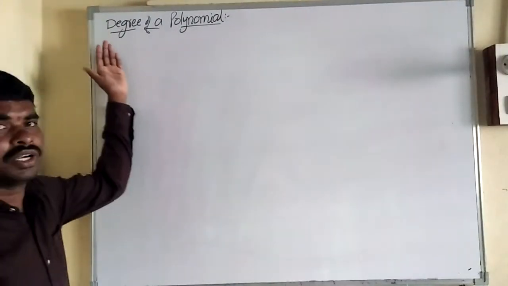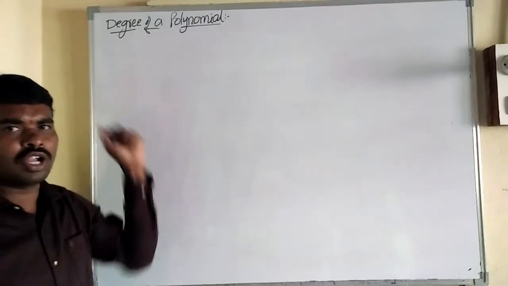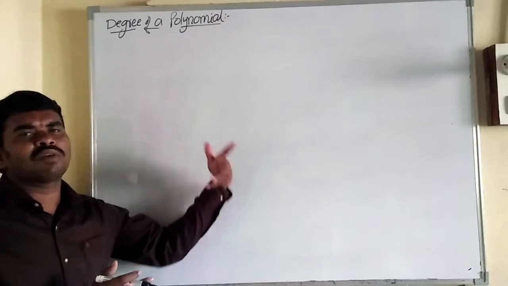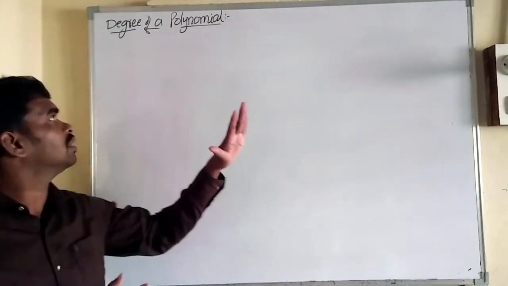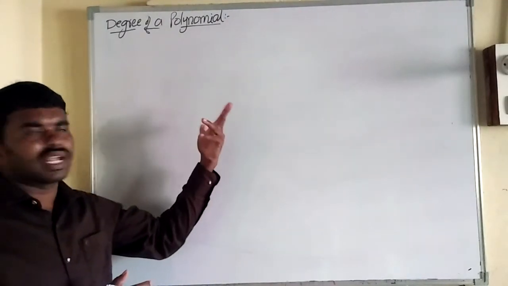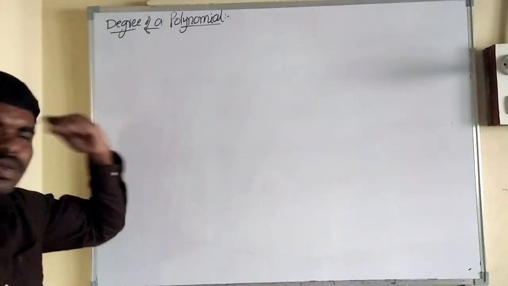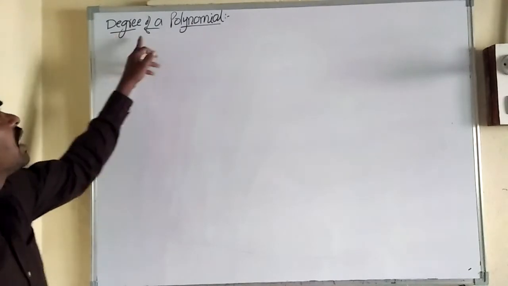Next, degree of a polynomial. Polynomials consist of a finite number of terms in the form ax power n, like x, 3x square plus 1, 2x cube minus 1, and so on. We can give many examples.